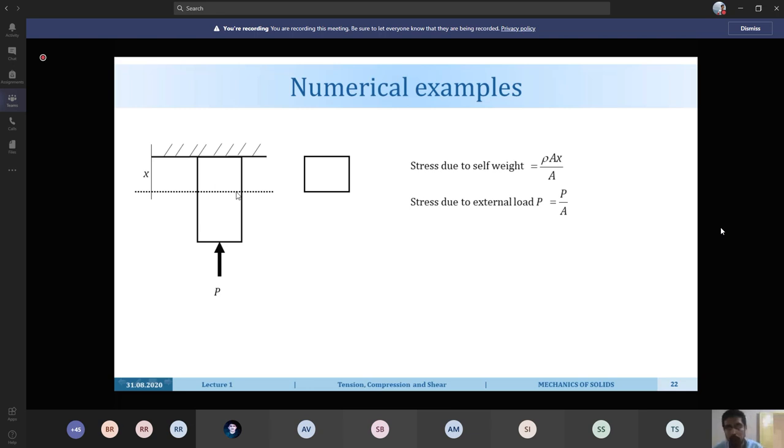Now we need to equate, as one is acting in this direction and the other is acting in the downward direction, we do the summation of forces here. So effectively from that you can calculate x as approximately 11.2 meters.